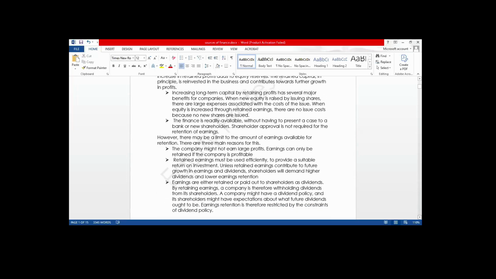However, there could be limits to the amount of earnings available for retention for 3 reasons. For you to talk of retained earnings, the company must be profitable.